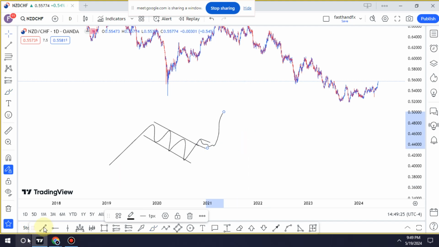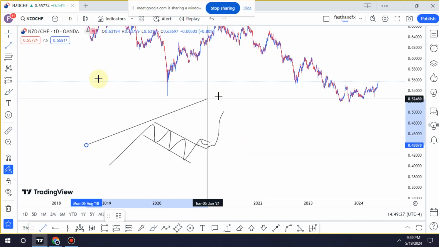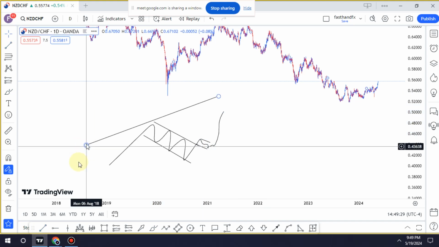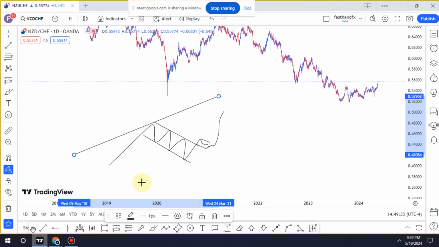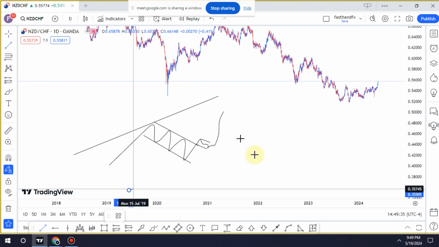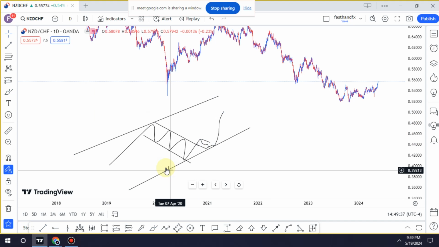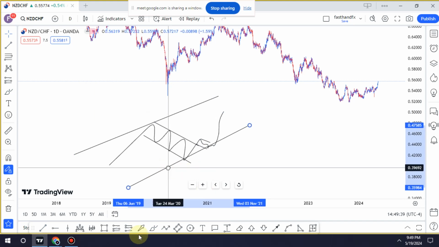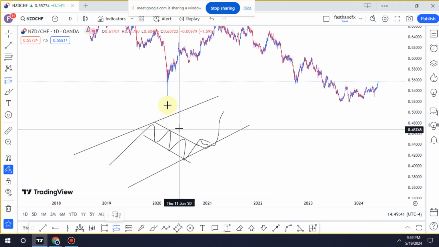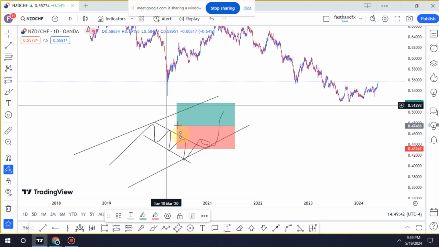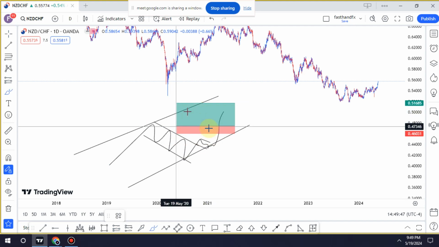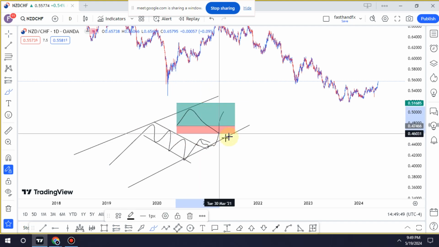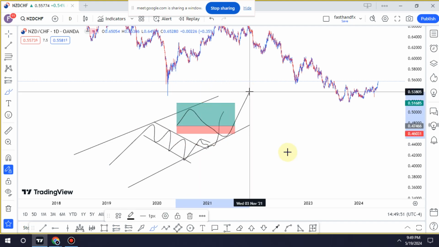But remember, make sure you are taking your entry only at the support. If you're looking for buys at the support, let's just say we had something like this at the support, make sure you take your entry right there. Don't take your entry right here, because there's a possibility that price might respect your trend, and that's what takes you out before going to your anticipated direction.